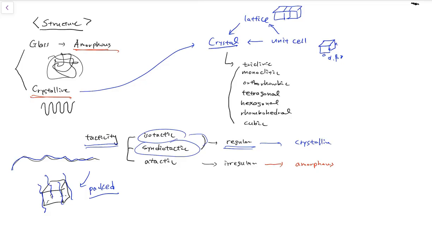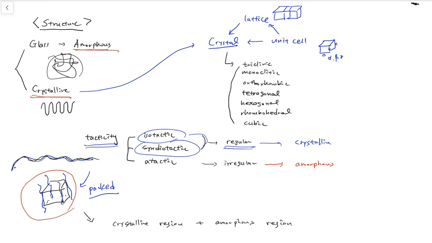One thing to note is that polymers basically consist of long chains. So they cannot really form a perfectly packed or perfectly crystalline structure. Even crystalline polymers, even if they form a relatively crystalline molecular arrangement, have both a crystalline region and some portion of amorphous region.